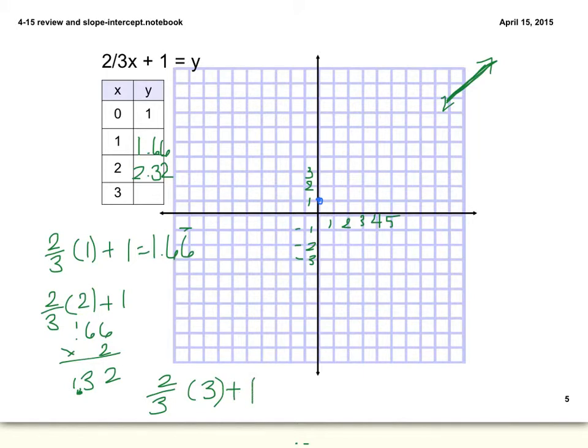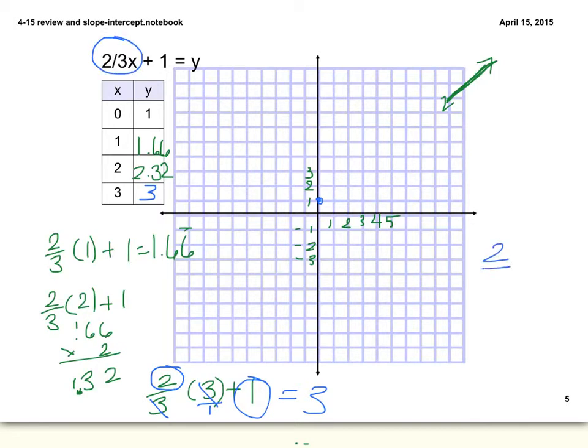plus 1. Can I show you a cool trick? Let's cancel out these 3's, because that's really 3 over 1. And then I just have 2 plus 1 gives me 3. So 3, 3 is my next coordinate. If I wanted to, I could just find multiples of 3 and cancel out all my 3's.